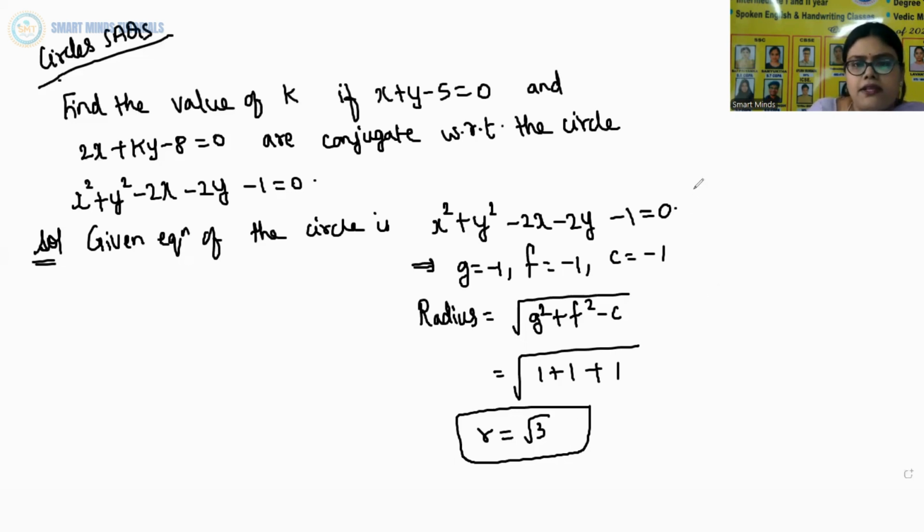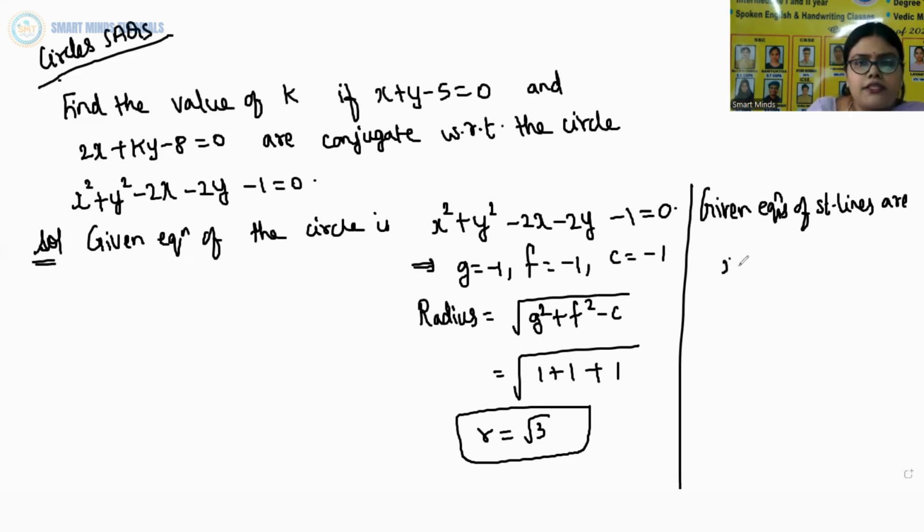After we get the radius, we will write the given equations of the straight lines. What are they? x plus y minus 5 is equal to 0, this is equation number 1. And 2x plus ky minus 8 is equal to 0, that is equation number 2.